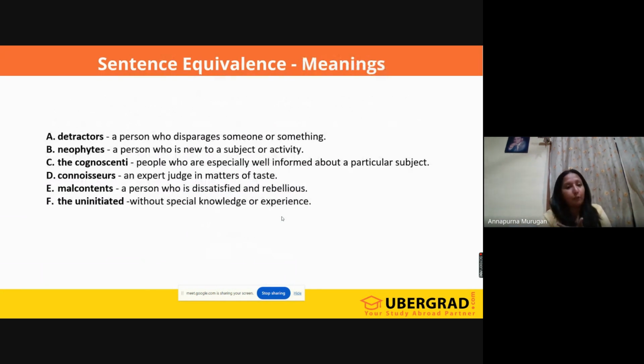Let me take you to the word meaning. You can see neotypes and all, very fresh one. So connoisseurs and cognoscenti are the two words that fit our expert word. Got it, guys. Very good. You had a great try here.